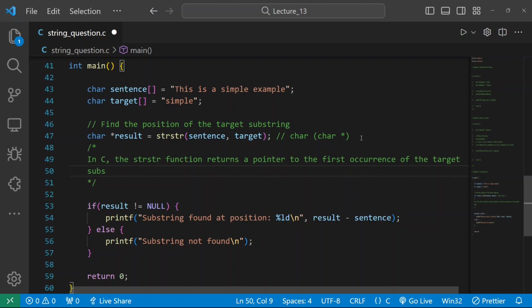You can see why I'm writing the target, because we have the variable name as target. You can remember it in that way.